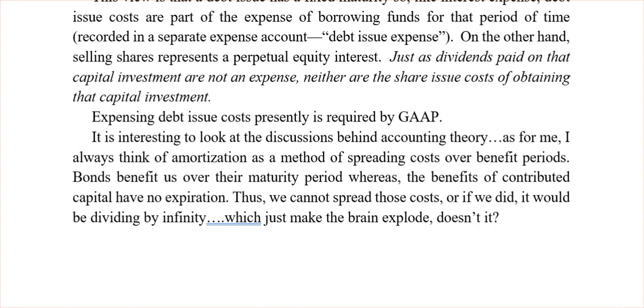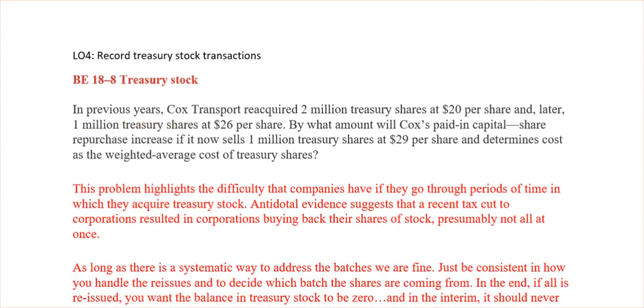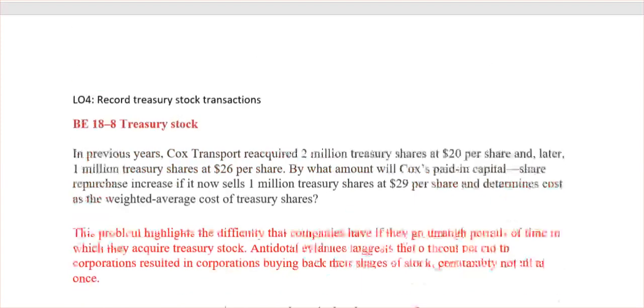Bonds will benefit us over maturity period, whereas the benefits of contributed capital tend to have no expiration. Therefore, we cannot spread the costs, or if we did, it would be dividing by infinity. And as I said, that just kind of makes your brain explode, doesn't it? Those of you algebra freaks out there like I am, it's just crazy. So don't even go there. Take it to paid in capital in the opposite direction as we normally do.